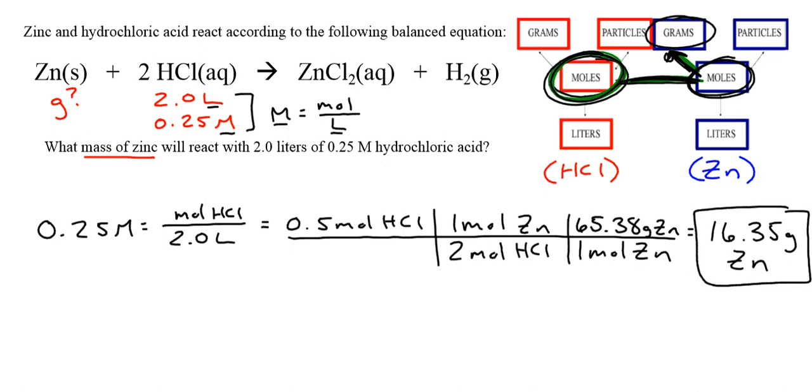So if I have 16.35 grams of zinc, that will react perfectly with that solution of hydrochloric acid. So that is utilizing a molarity solution and figuring out the grams of another reactant using our flowchart.